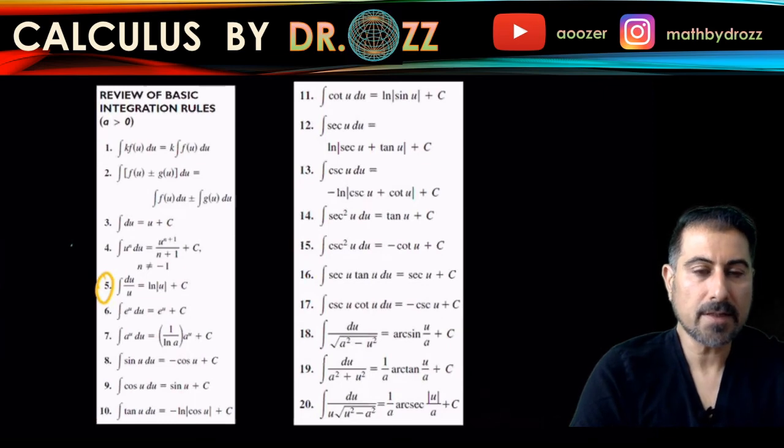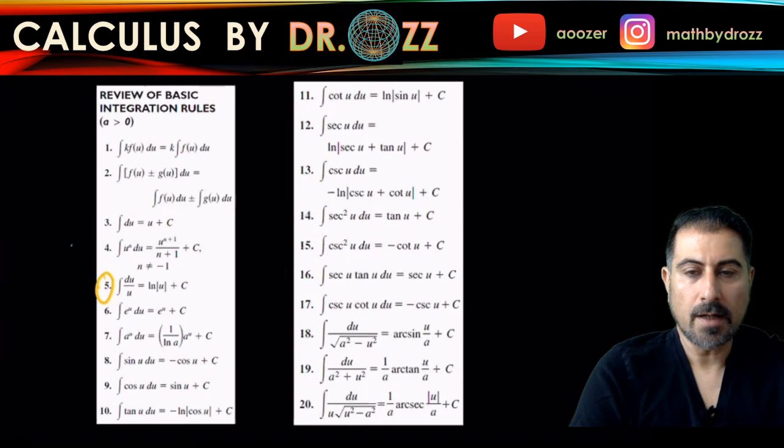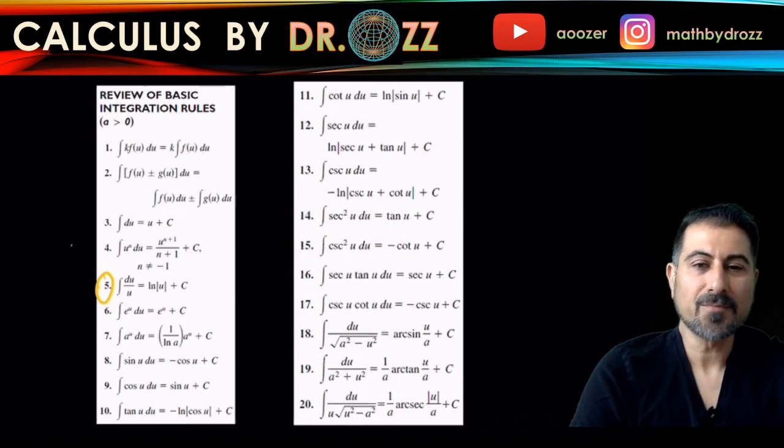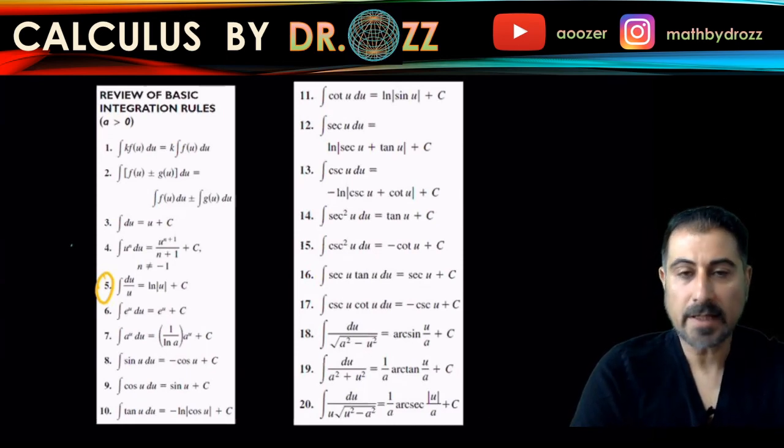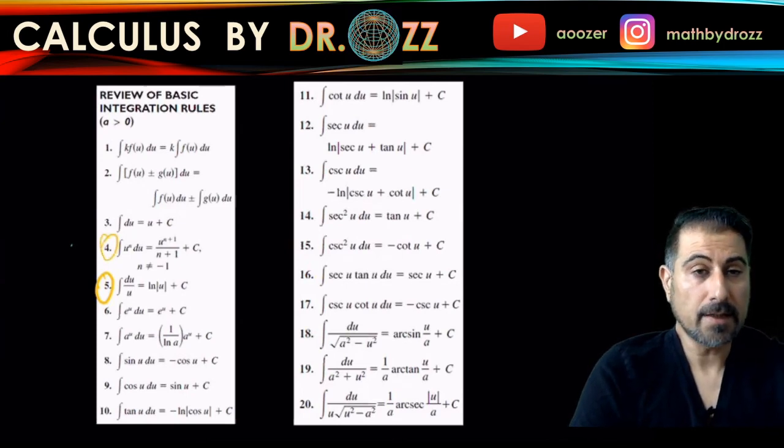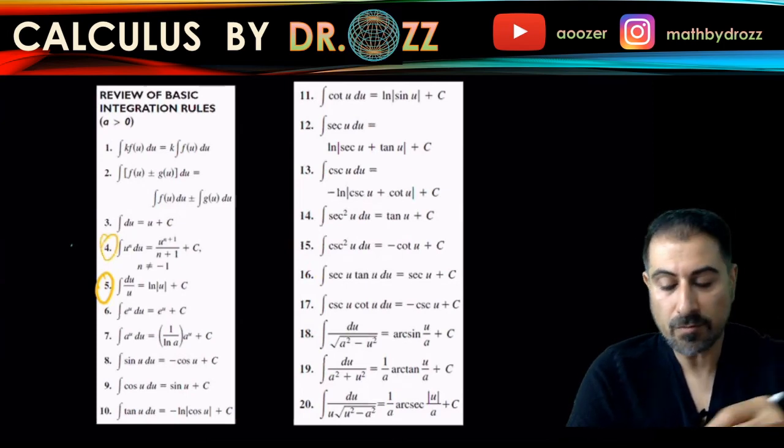So that's where the power rule for integration is not working, for the case where you have n equals -1. Right? Number 4 doesn't work because if n is -1, it's 1 over u, and 1 over u has a separate formula that is ln absolute value of u plus c.